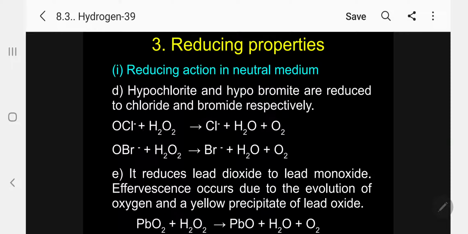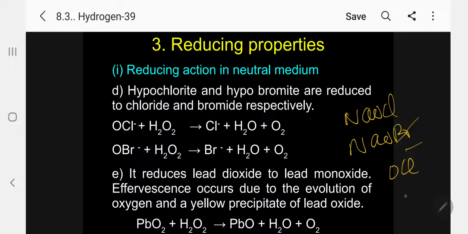Hypochlorite and hypobromite, sodium hypochlorite NaOCl, sodium hypobromite NaOBr, if it is the ion, that means OCl minus ion, OBr minus ion.